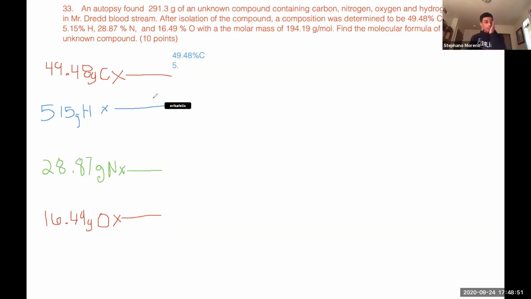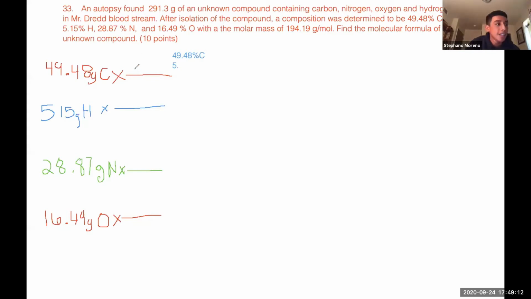Okay, so we listed down everything that we are given for each element. And then for every single one of them, we multiplied it by 1 mole of carbon over the amount that it weighs on the periodic table.